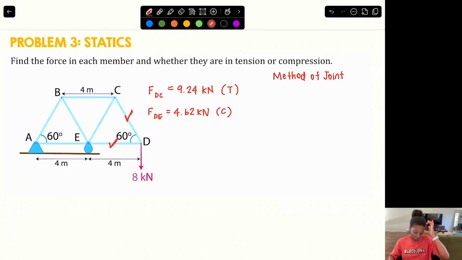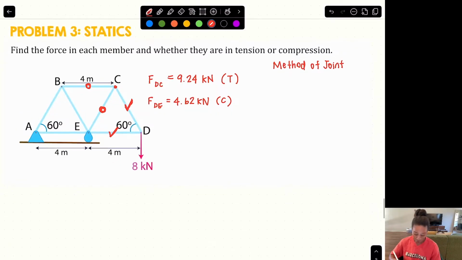So let's continue to joint C, because now we have one known, which is member CD, but we don't know the force in CE or CB.